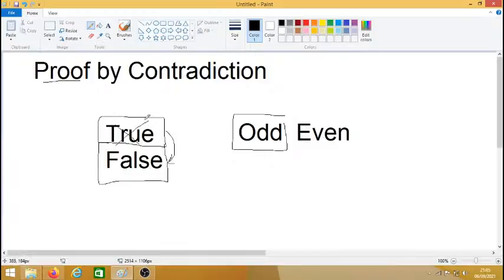Then it means that what you started with has to be wrong as well. So if we started with assuming it was odd, then that has to be wrong, which only leaves one option, which is even. So just by proving a contradiction when we started with odd, then we've automatically proved that the answer has to be even.